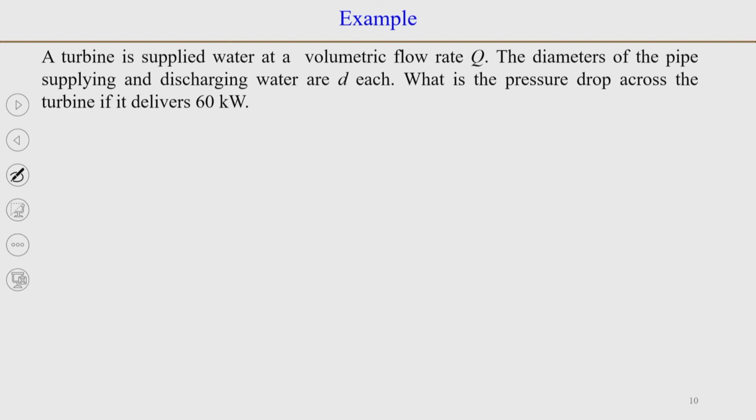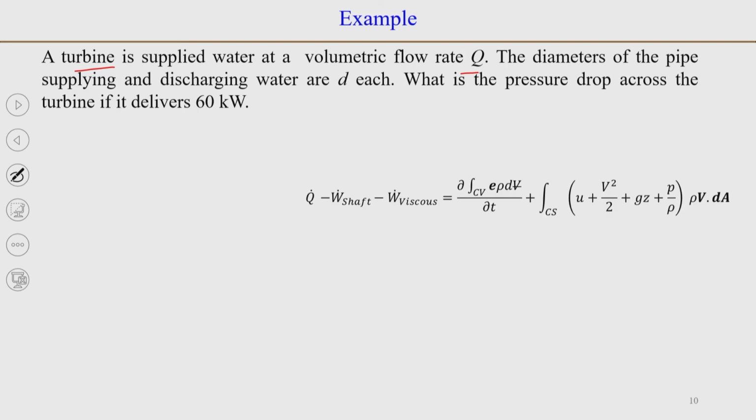There is a turbine which is supplied water at a volumetric flow rate Q, and the diameters of the pipes that supply and discharge water through this turbine, let us assume they are the same. So, both of these are D, and the question is what is the pressure drop across the turbine if it delivers 60 kilowatts of shaft work.